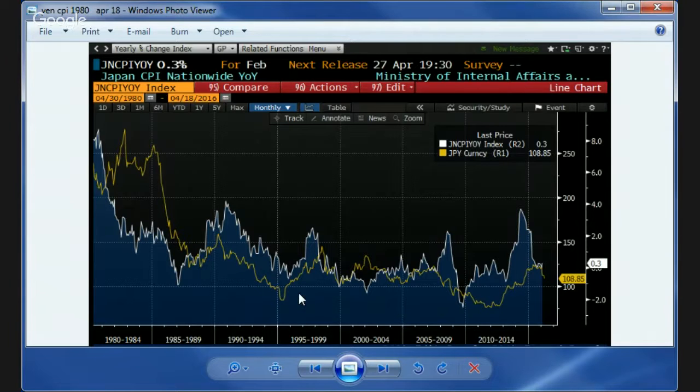So I remember distinctly this period back here in the mid-90s when I was trading the Tokyo desk. The yen was down at 80, 85 for a considerable amount of time. Remember the length of this chart. This is about a year period down here. It's a long time. The Japanese economy was doing badly.